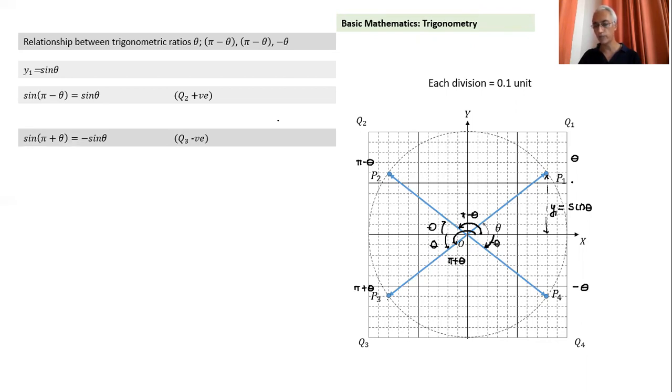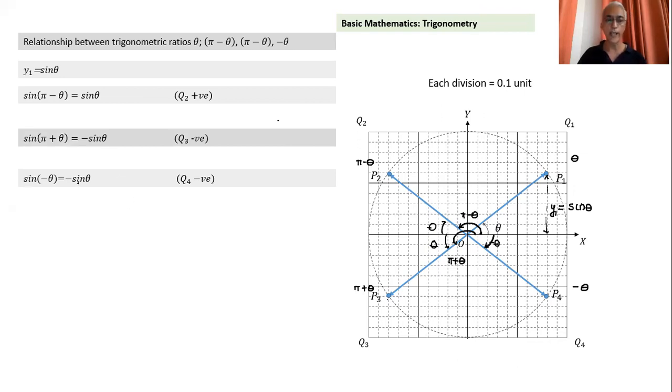Above the x-axis, the y coordinate is positive; below the x-axis, it is negative. So the sign of sine is positive, positive, negative, and negative. Similarly, in the fourth quadrant, this angle is minus theta, and the sine is a negative value, minus sine theta. Actually, sine theta stands for y1, so the coordinate of P4 will be equal to minus y1, and minus y1 can be written as minus sine theta.